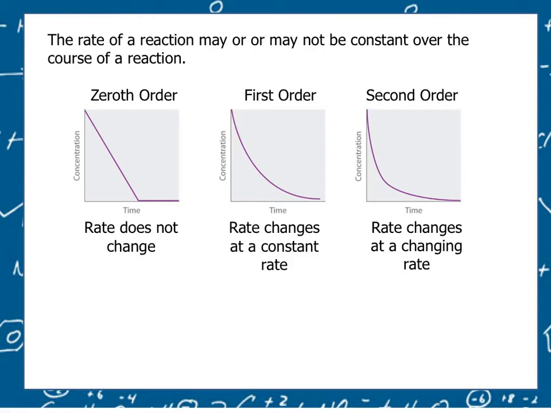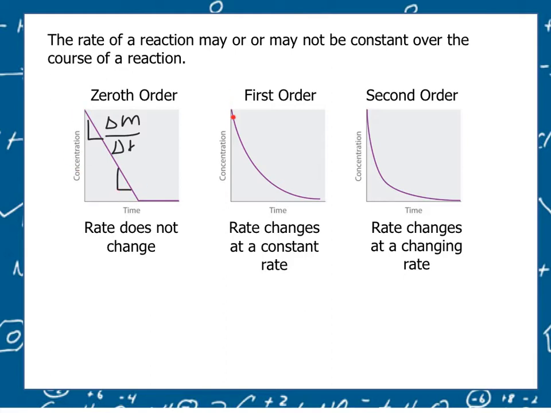So what we can see here, this one, zeroth order, is this linear disappearance of the reactant. So the rate that the reaction goes does not change because this is a constant rate. The slope here is the same as the slope here. And that's really what we're dealing with, rate is the change: change in y over change in x, change in concentration over change in time.